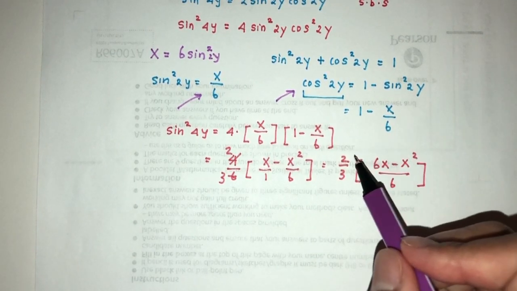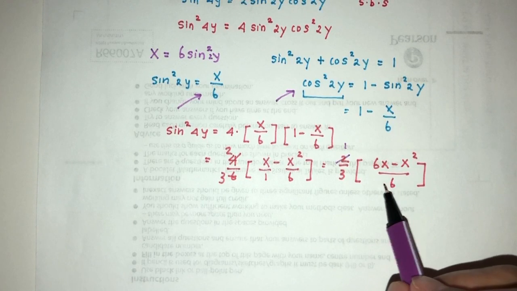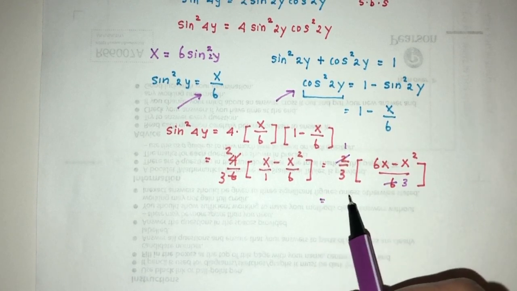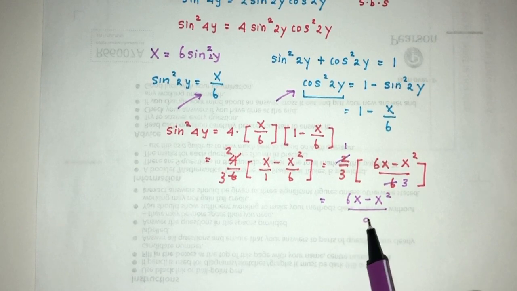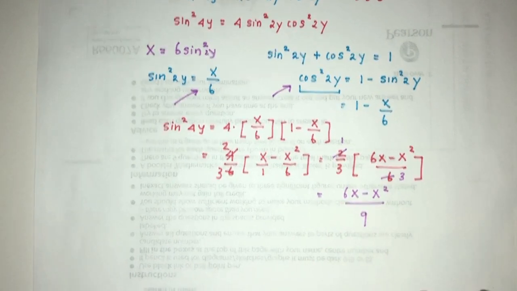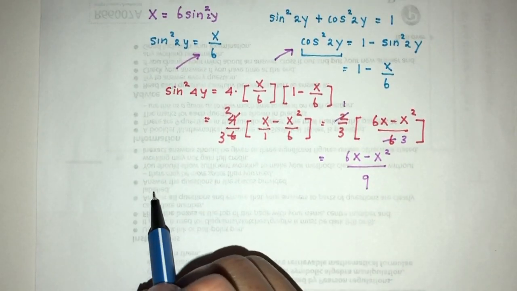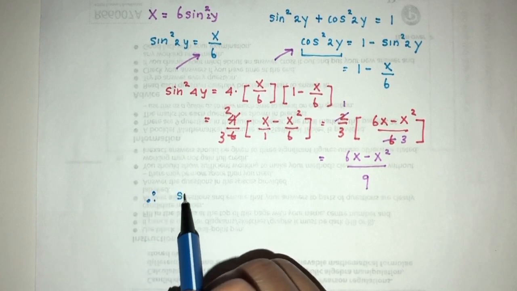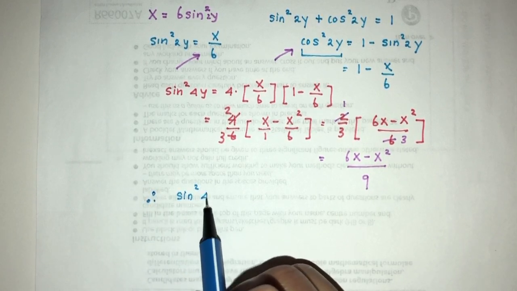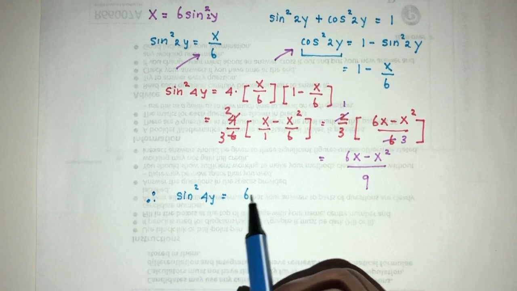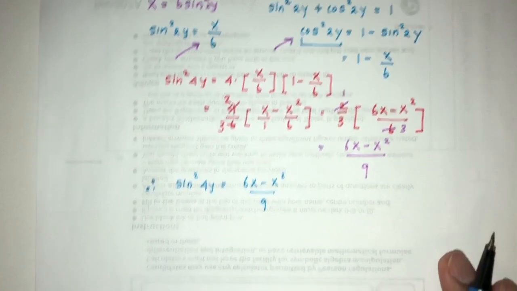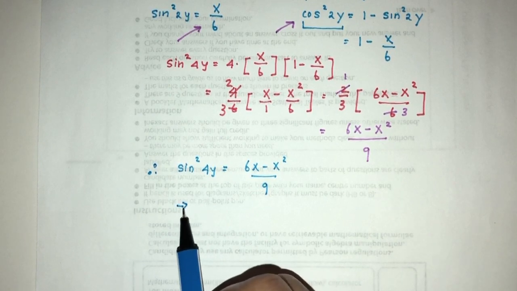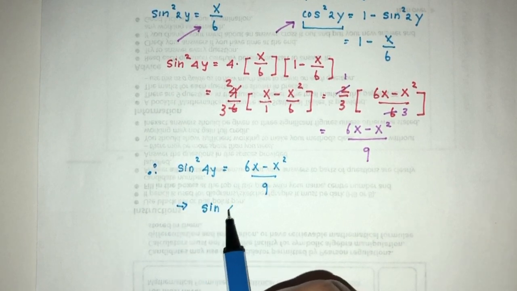We can also simplify further, that will be 3, and basically that will be 6x minus x squared over the value of 9. So the main idea is that we have realized that sine square 4y is the same as 6x minus x squared over 9.